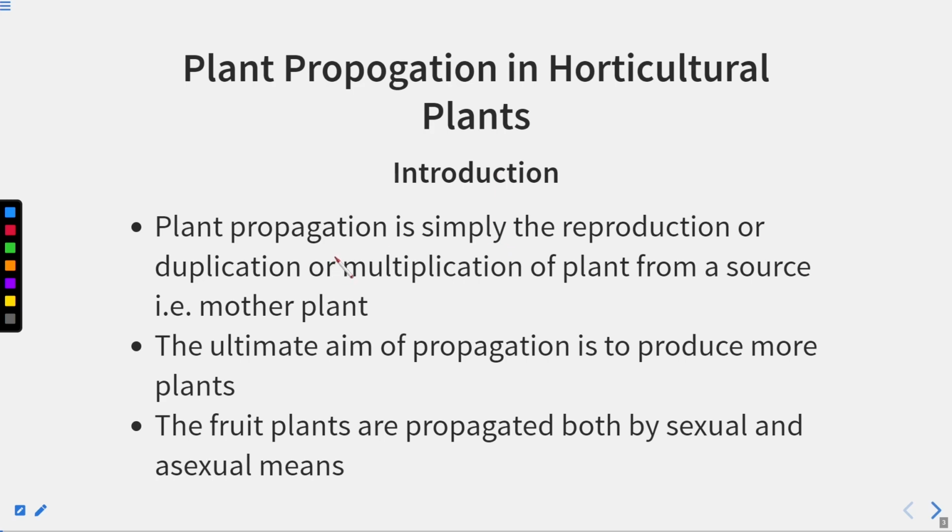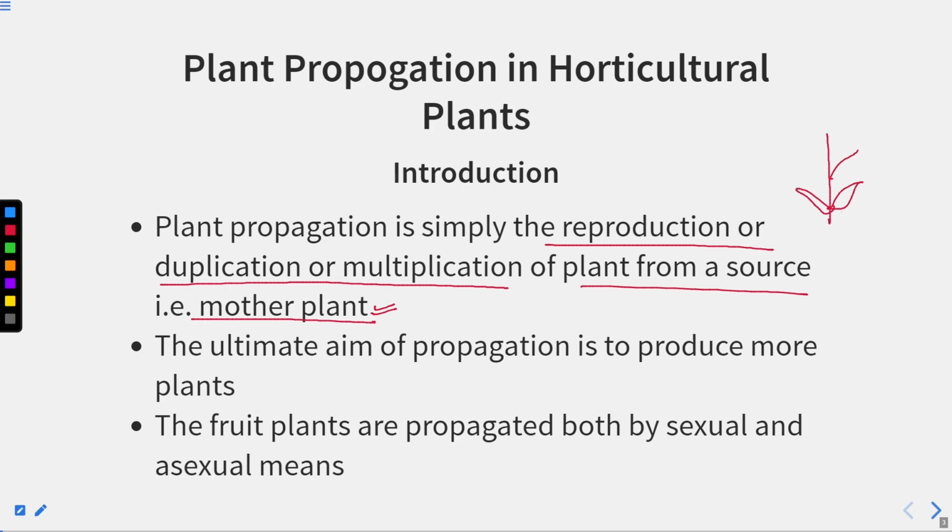Plant propagation is simply the reproduction or duplication or the multiplication of plants from a source of mother plant. So we already have a plant, right? This plant can be called a mother plant.